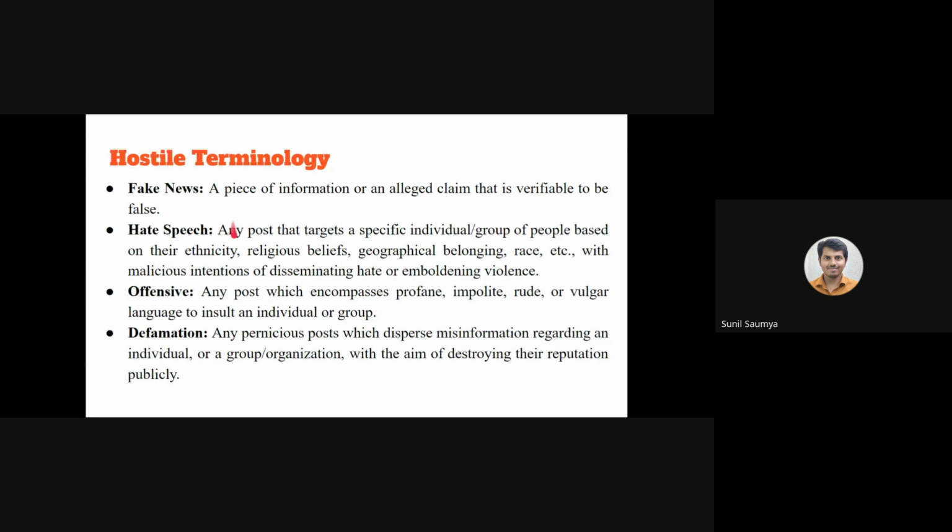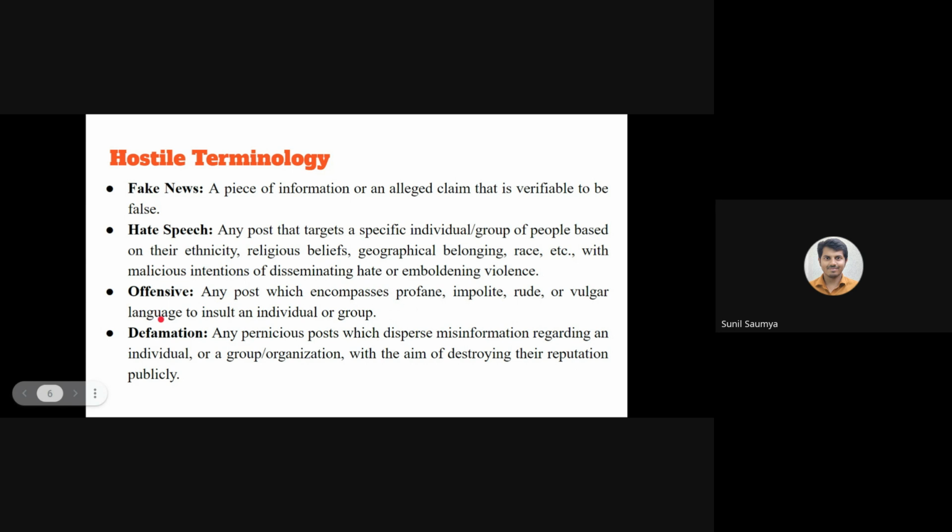Hate speech is any post that targets specific individuals or groups of people based on their religious belief, geographical belongings, race, and so on. Similarly, offensive is any post which encompasses profane, impolite, rude behavior, vulgar language, and so on. Right? So we have these categories and their definitions.